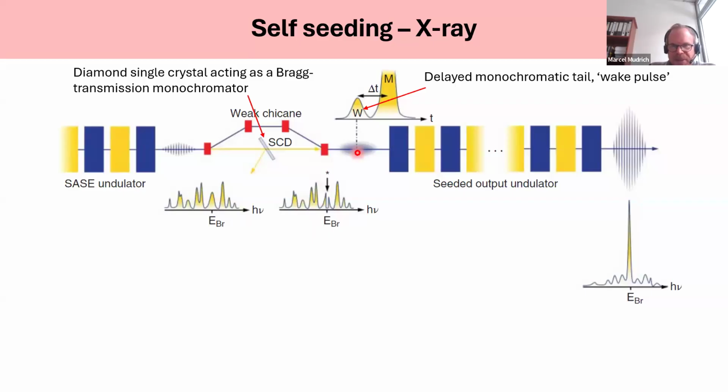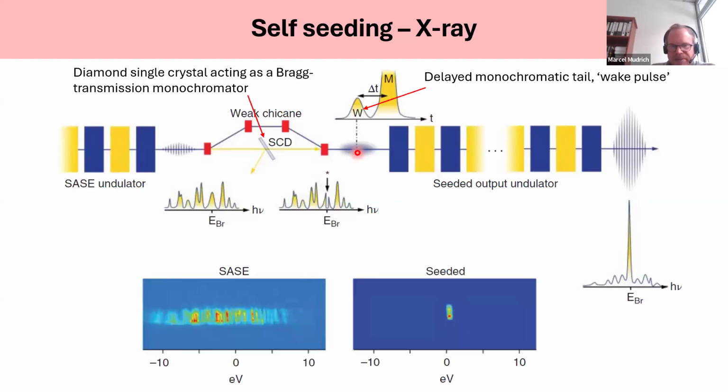Anyway, so that's the way it's being done for X-rays, and the result is the same. So out of this broad and spiky SASE spectrum, in the end, we get a nice and narrow, sharp spectrum after the second amplifier, the second undulator.